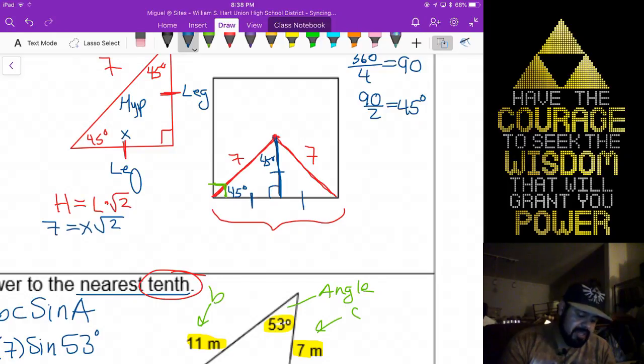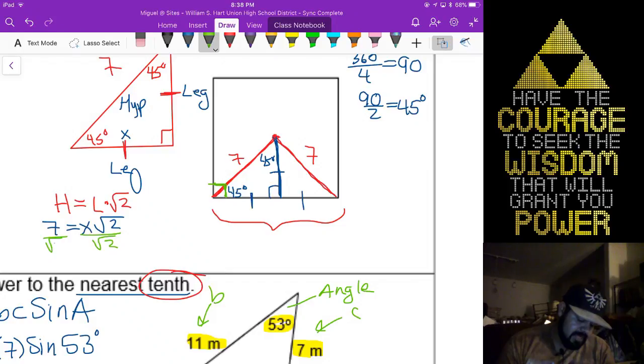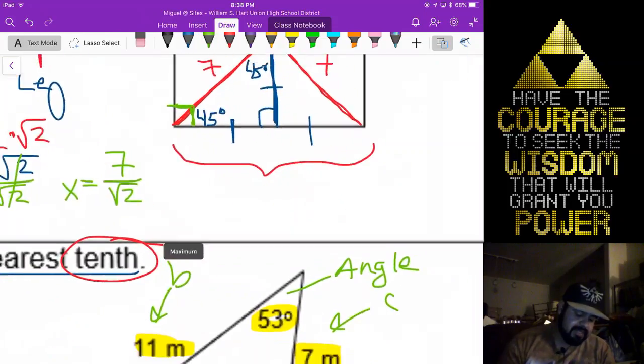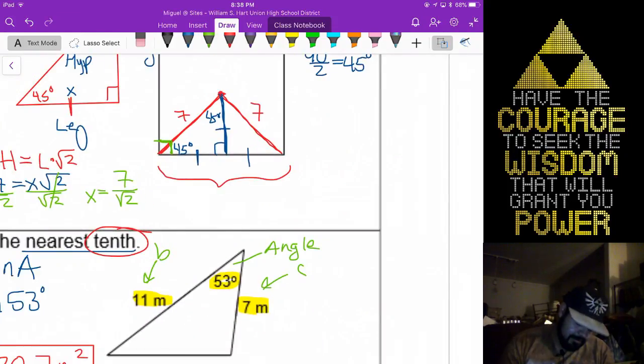So then here I'm going to want to divide both sides by rad 2. However, it doesn't simplify anything there. So I get this 7 over rad 2, which means I'm going to have to rationalize it. I need to multiply top and bottom by rad 2.